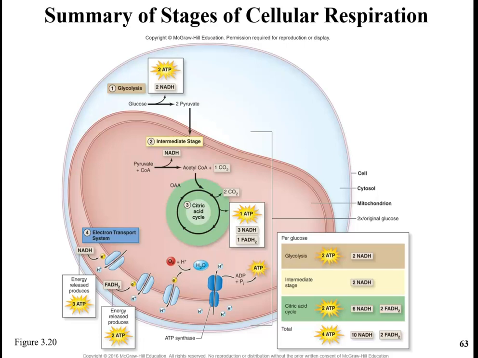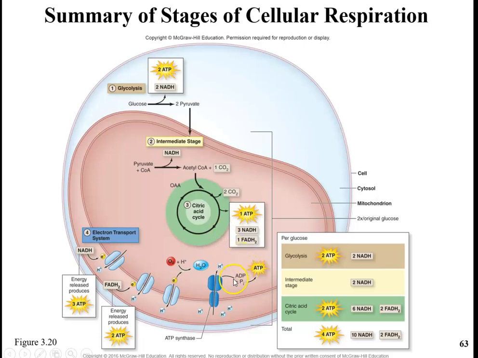This diagram just shows the summary of the stages of cellular respiration and where they're located. So glycolysis, it's showing here, is out in the cytosol, and it produces 2 pyruvate. Pyruvate goes on to the mitochondrion, where it undergoes the intermediate stage, where pyruvate gets converted to acetyl-CoA. And then acetyl-CoA enters the citric acid cycle, which produces a little bit of ATP and a lot of the electron carriers.